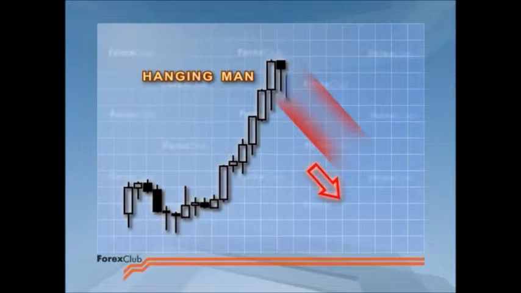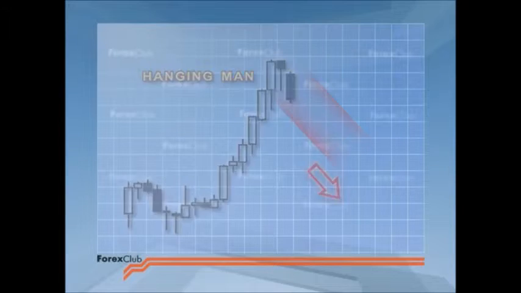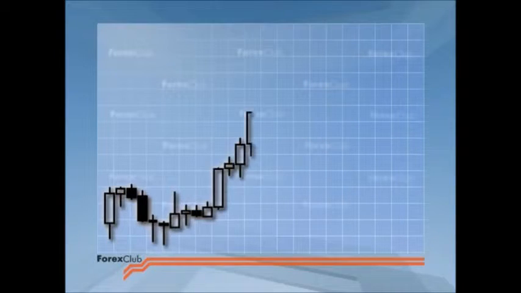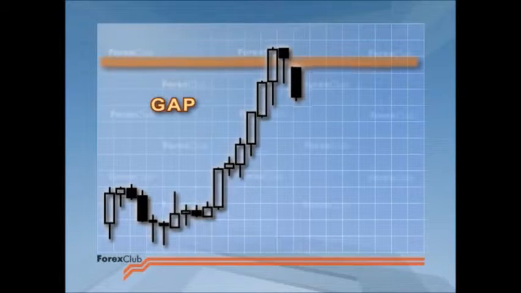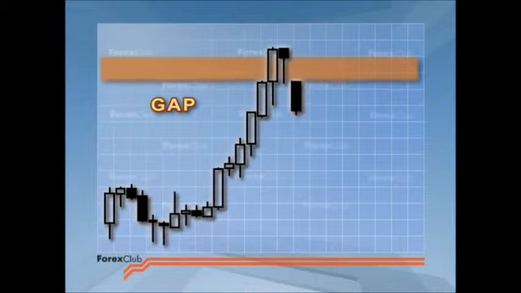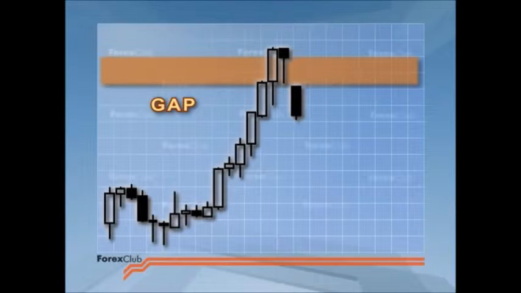If the next candle opens below the hanging man's body, those who had bought within the body of the hanging man would be left exposed and in danger of finding themselves in a far worse position. A gap is the traditional confirmation of the hanging man's reversal signal, and the wider the gap, the more emphatic the confirmation.